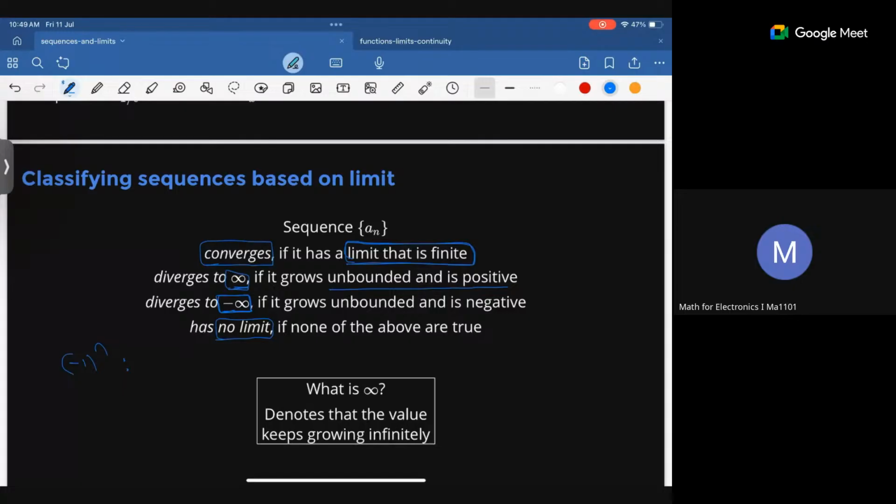This sequence will start from 1, minus 1, 1, minus 1, and oscillate. Even as n becomes very, very large, you will see this oscillation, getting two values, minus 1 and 1. Some terms will go to minus 1, some terms will go to plus 1, so the sequence terms will not go to a single real number. In that case, we say this particular sequence will not have any limit.